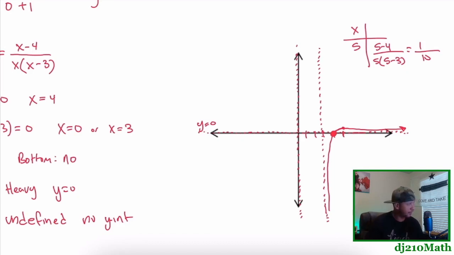And when a denominator gets bigger, the value will actually get smaller, right? If we plug in 6, this would be 6 minus 4 over 6 times 6 minus 3. This would be 2 over, 6 minus 3 is 3, 3 times 6 is 18, which is 1/9.